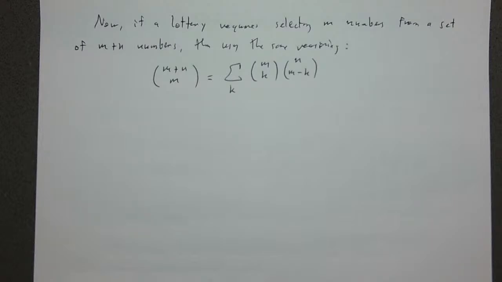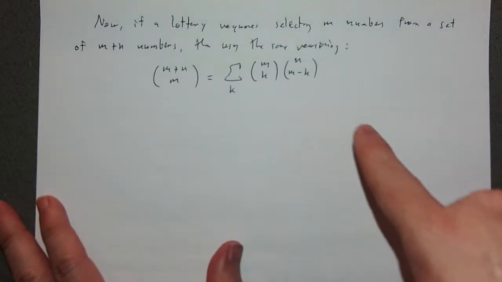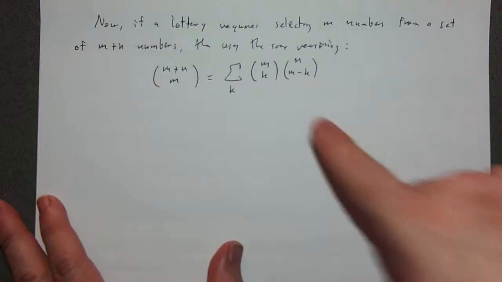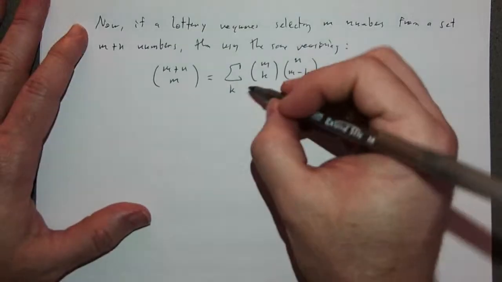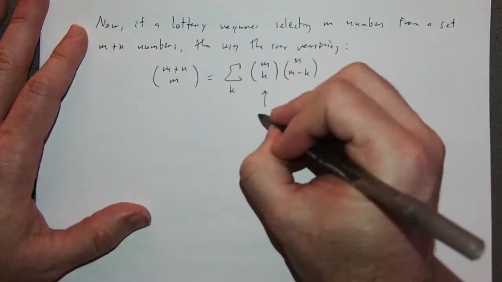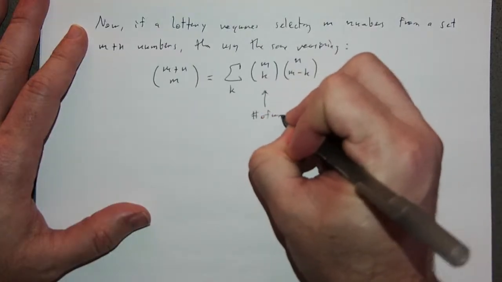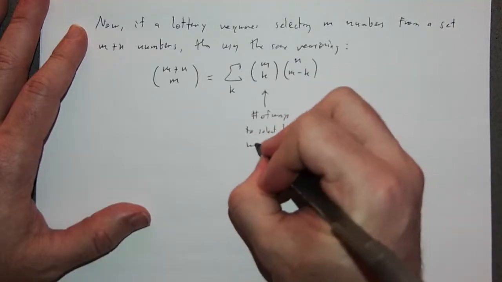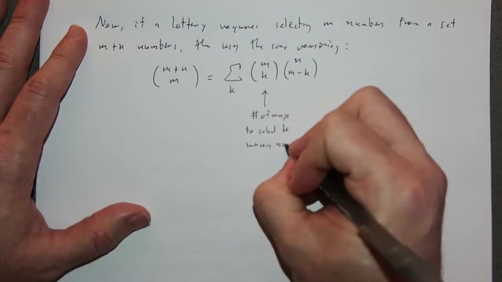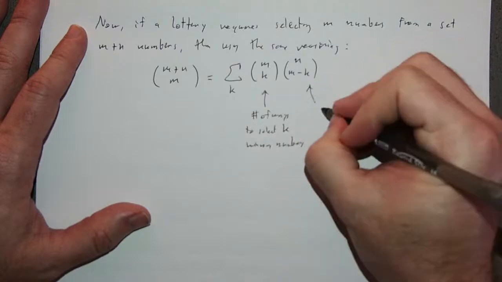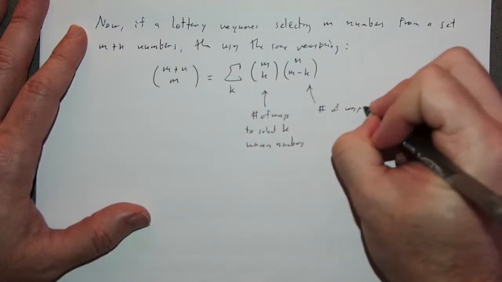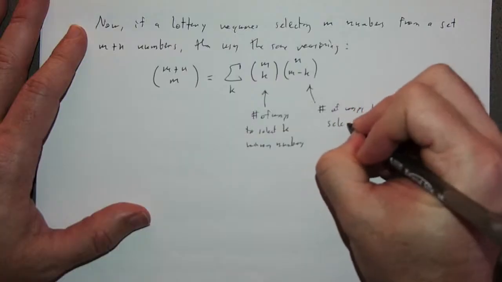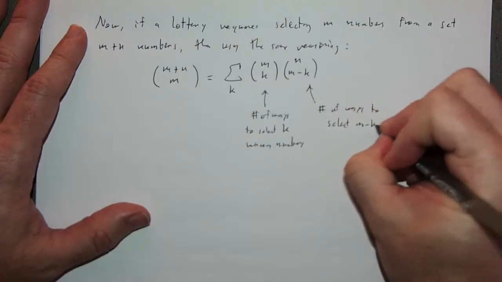Okay. But then what does this say? This says that the number of possible tickets equals the sum over k of the number of ways to match exactly k of the m winning numbers and m minus k of the n losing numbers. So I'm summing over k. This is the number of ways to select k winning numbers, and this is the number of ways to select m minus k losing numbers.